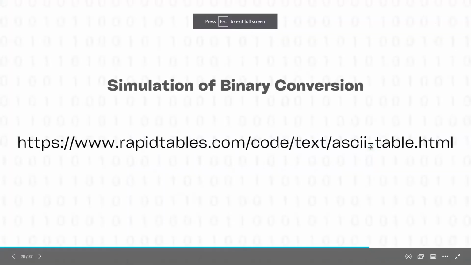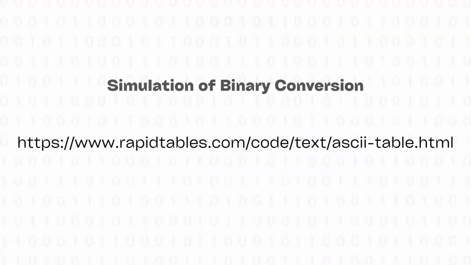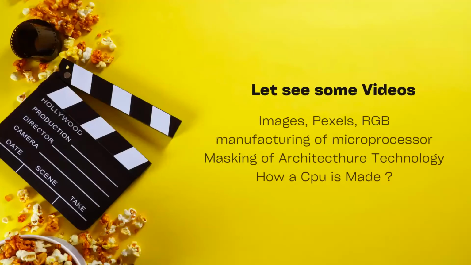Okay, this is the simulation of binary conversion. This is an interesting topic, and after that we will see some videos about image, pixel, and RGB. In the second video, we will look at the manufacturing of the microprocessor. In the third video, we will look at the architecture technology, how a CPU is made.